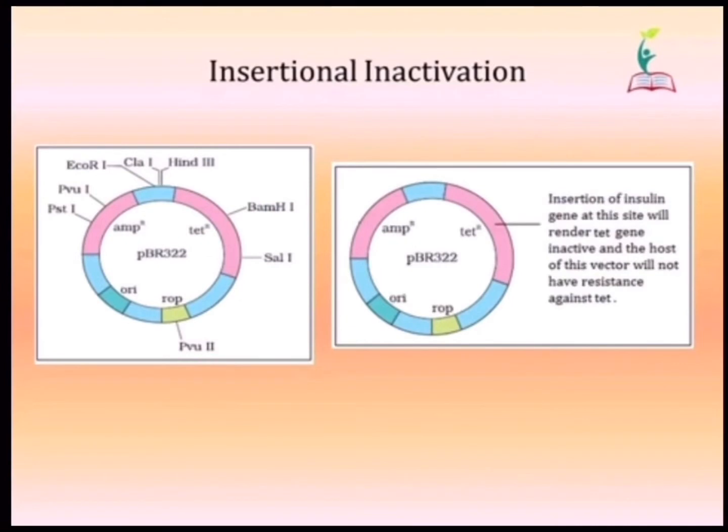Students, you can see in the second picture, PBR 322, the tetracycline resistance gene has two sites, BAMH1 site and SAL1 site. Now, if suppose I want to insert my gene of interest at the BAMH1 site, what I will do is expose this PBR 322 to the restriction endonuclease BAMH1.